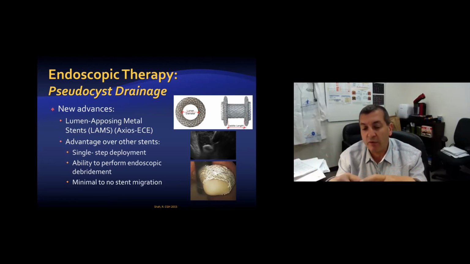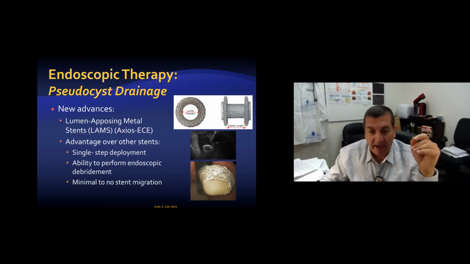So certainly for, let's say, walled-off necrosis, where you have a lot of necrotic material, if you have a big hole connecting those two, it will allow a lot of junk and fluid and big tissue, or even you can drive a scope across and scoop some of that necrotic material out of that walled-off necrosis. So it has really created a huge step forward in the treatment of pseudocyst or walled-off necrosis in the pancreas.